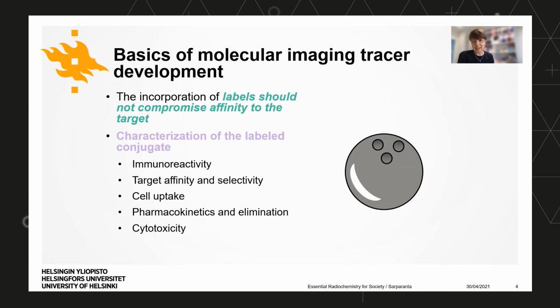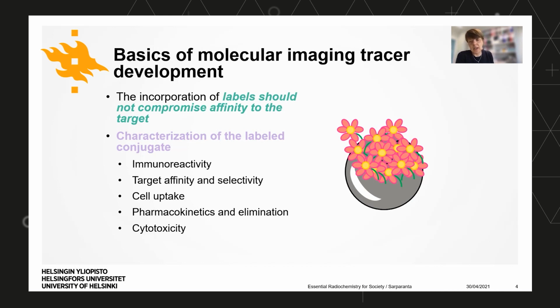If we think that this is our vector, it's a bowling ball, and click again, please, we put a flower on top, which represents our label. So you can click again. But if we add too many of those flowers, who knows what is underneath there, because all of the essential features of that bowling ball are now masked. So we don't know what we're looking at, whether it's a vase or a bowling ball.